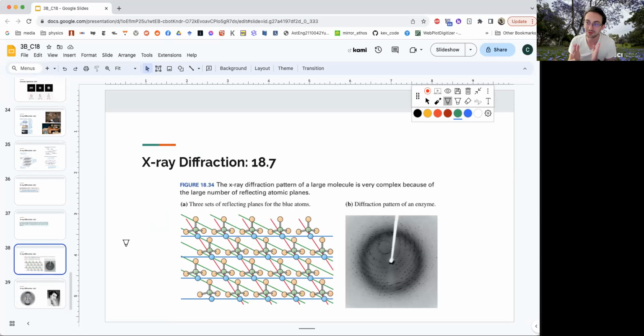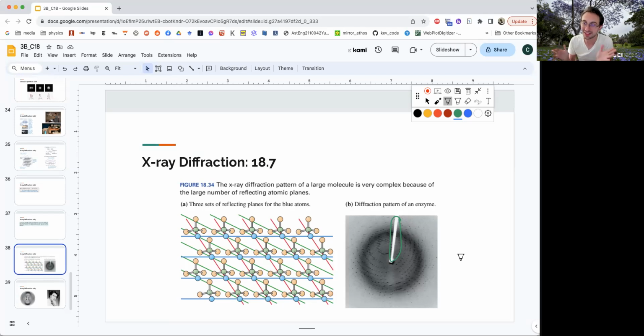So we'll get a bunch of different angles where we get constructive interference. And so in this picture here, you can see the bright and the dark spots for some enzyme. This line is just based on limitations of the measurement. So this line isn't actually part of the interference pattern, but these dark spots are actually telling you in a very convoluted way what the molecular structure looks like and what the spacing is between the molecules.